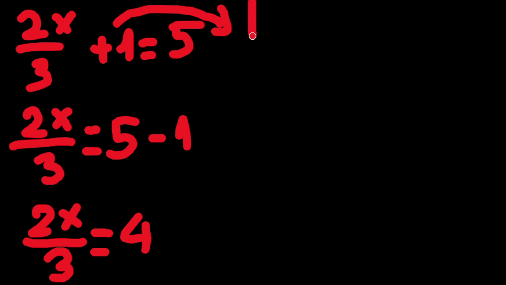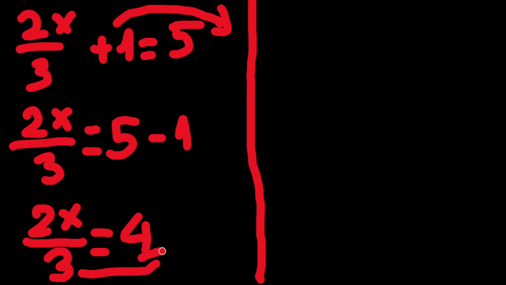Okay, what can we do next? We have 2x. We want to know how much is x. So we have 2x and we have the number 3. How can we bring number 3 to the other side of equal? Bring it to number 4. So we have 2x divided by 3. If we bring number 3 to number 4, from divide, we're going to change. What is the opposite of divide? It's multiply.